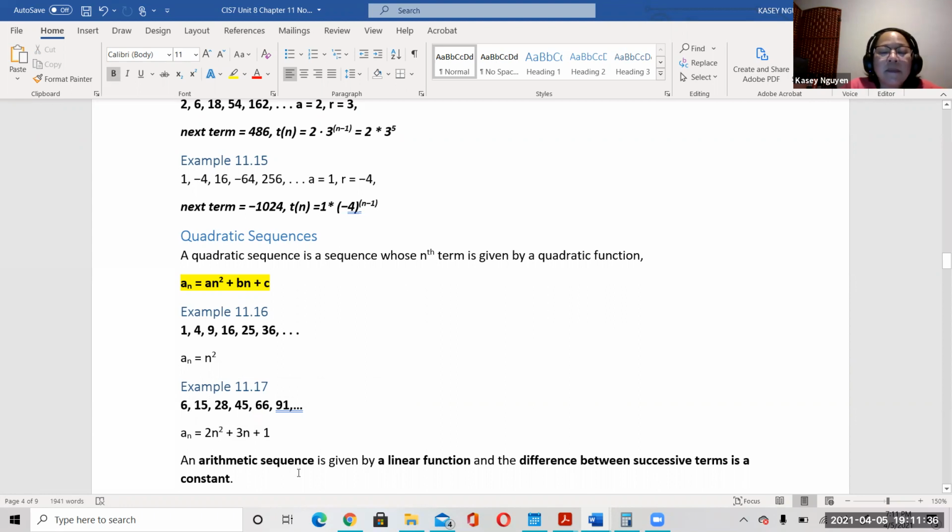Okay. So in a quadratic sequence, you would have a quadratic representation in the equation right here. See that there? So you're going to look for that in the equation for t of n or a of n.